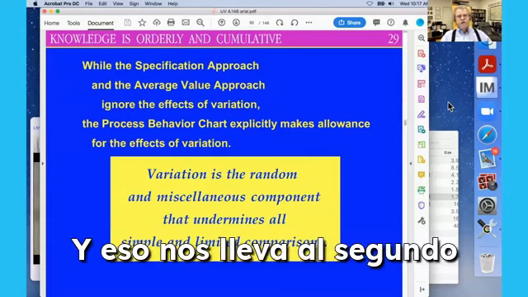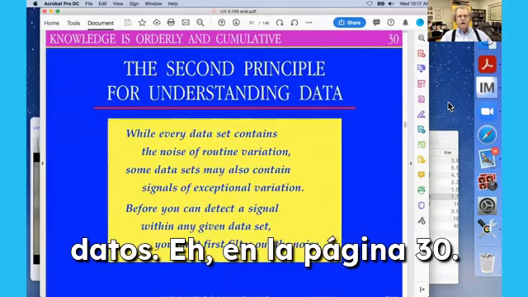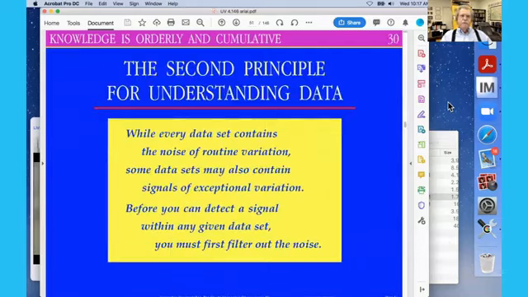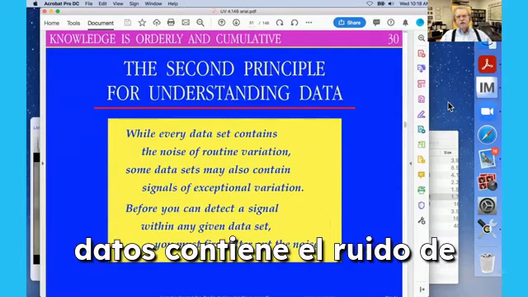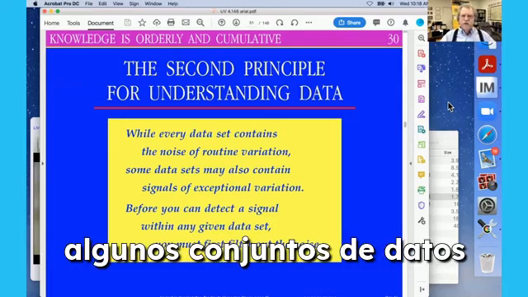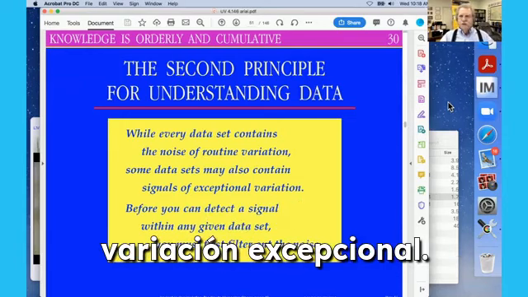And that brings us to the second principle for understanding data on page 30. While every data set contains the noise of routine variation, some data sets also contain signals of exceptional variation.